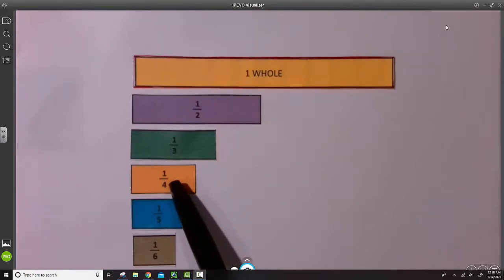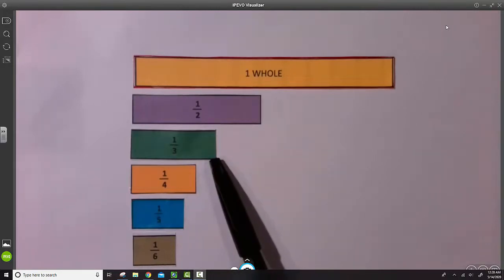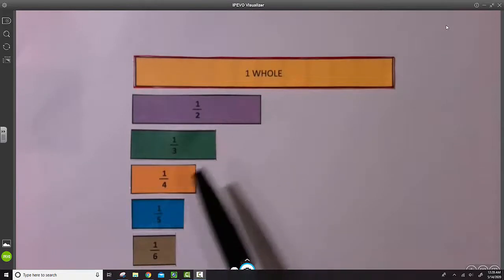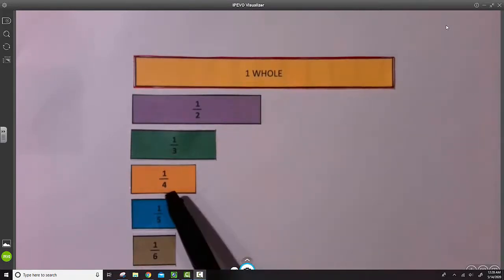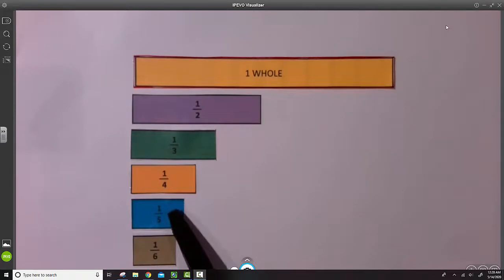Continuing on, the next unit fraction is 1/4. 1/4 is less than 1/3, which is less than 1/2. If we completed the whole, we would have 4 equal parts to make a whole. Same idea with 1/5.